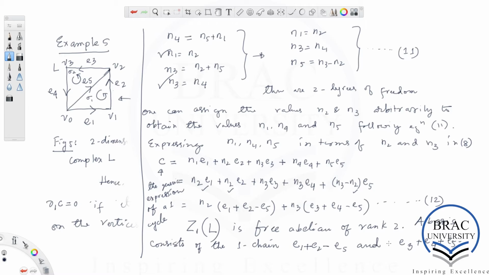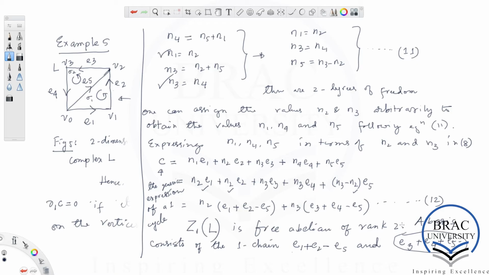E1, E2, and E5 are elementary chains. So it's a one chain whose value on E1 is 1, whose value on E2 is 1, and whose value on E5 is minus 1. Similarly, this is a chain whose value on E3 is 1, whose value on E4 is 1, and whose value on E5 is 1.